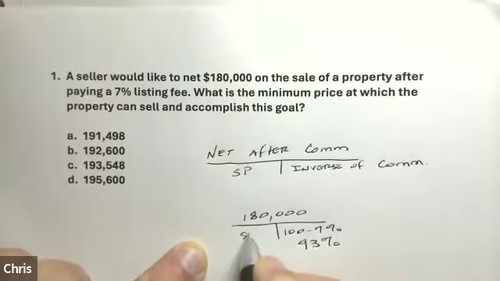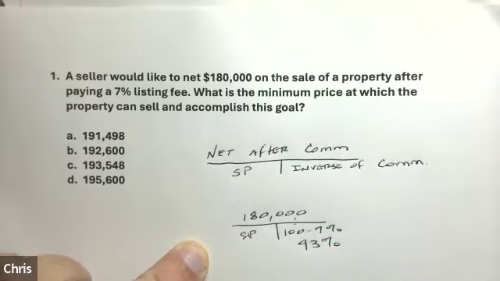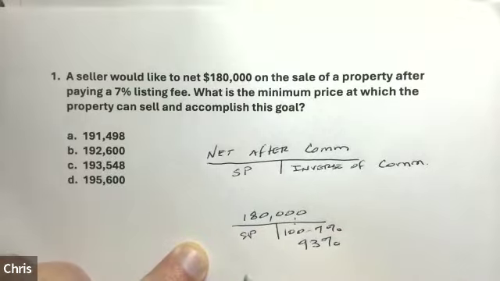And then by doing a simple one-time function of divide, because that's what the T-bar says, 180,000 divided by 0.93 is going to be 193,548. And you see that in C as the answer there.